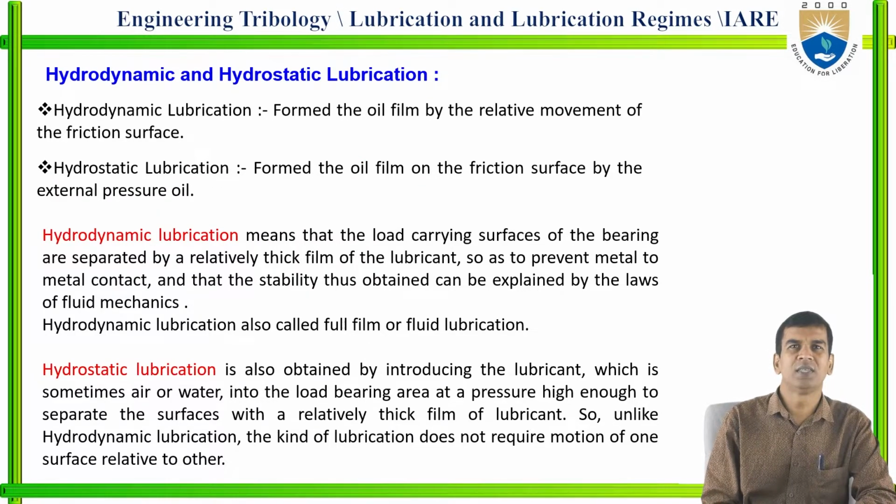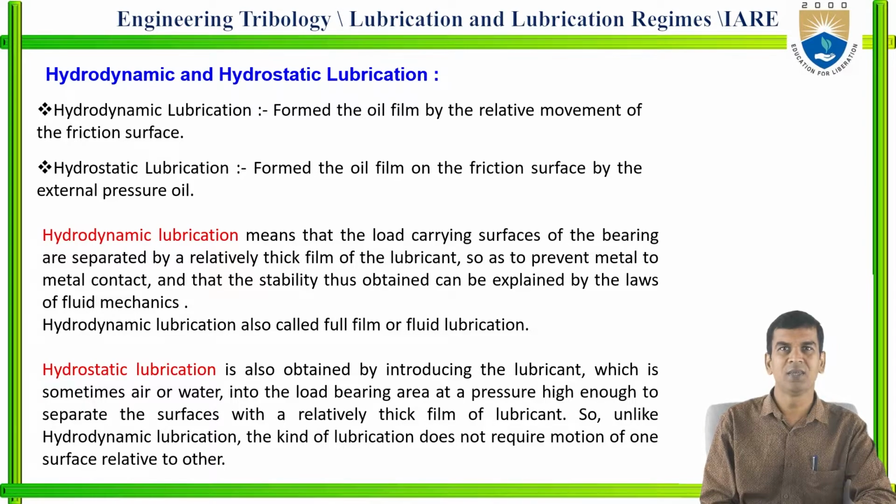In lubrication regimes, you will have two main types: hydrodynamic lubrication and hydrostatic lubrication. In a hydrodynamic lubrication system, the oil film is formed by the relative motion of the friction surfaces, whereas in hydrostatic lubrication, the oil film is formed by the external pressure of the oil.